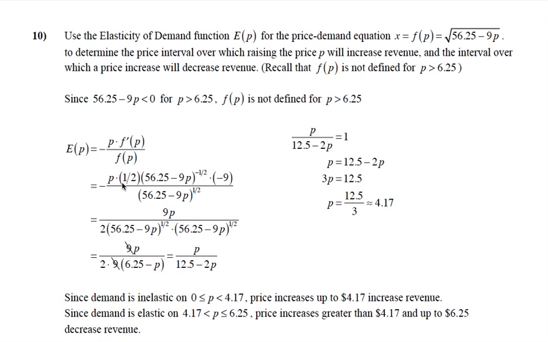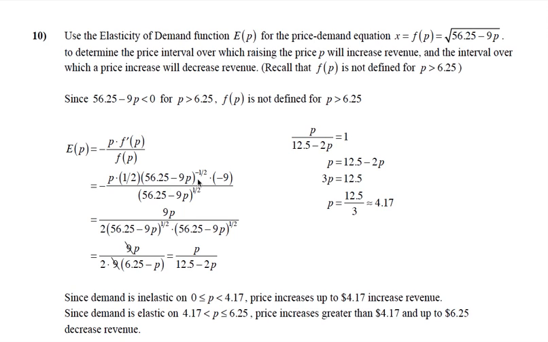So using this in our formula, the formula for elasticity is negative p times this derivative, 1/2 times the quantity 56.25 minus 9p raised to the negative 1/2 times the negative 9. And then in the denominator we just have the function, the square root of 56.25 minus 9p, which I've written again here with this rational exponent.